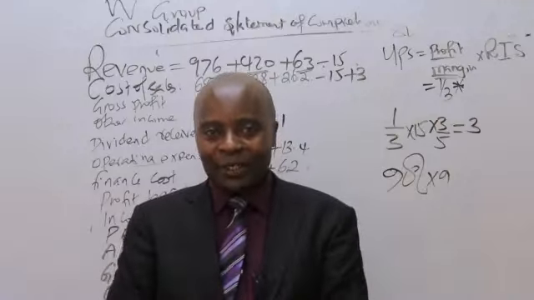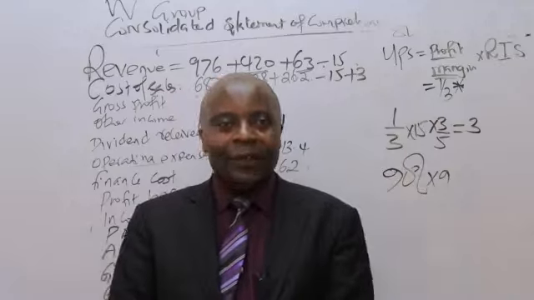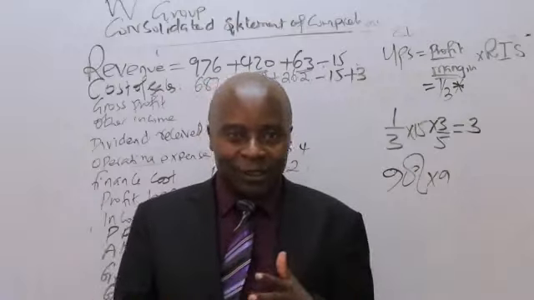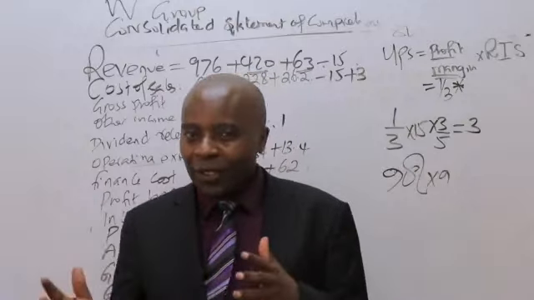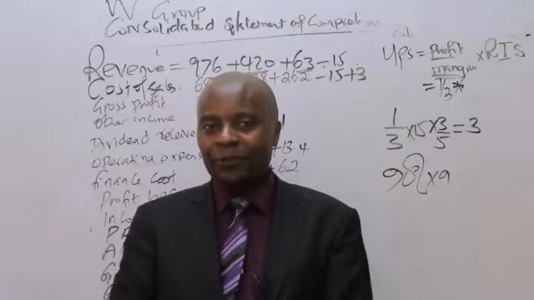So the question is, ladies and gentlemen, this money that we borrowed was given to our subsidiary. I don't know what your understanding is about this. Will this be an internal arrangement or an external arrangement?